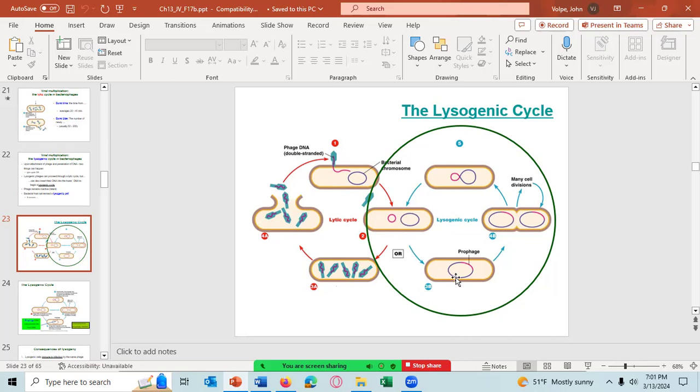And then the two will live together in symbiosis for as long as the virus stays in the lysogenic life cycle. When the viral genome integrates into the host DNA, we call this a prophage, the virus inside the host DNA. Whenever the virus decides to leave the lysogenic life cycle, the prophage will be excised from the chromosome, and then the virus will then enter the lytic life cycle. Any question about that?